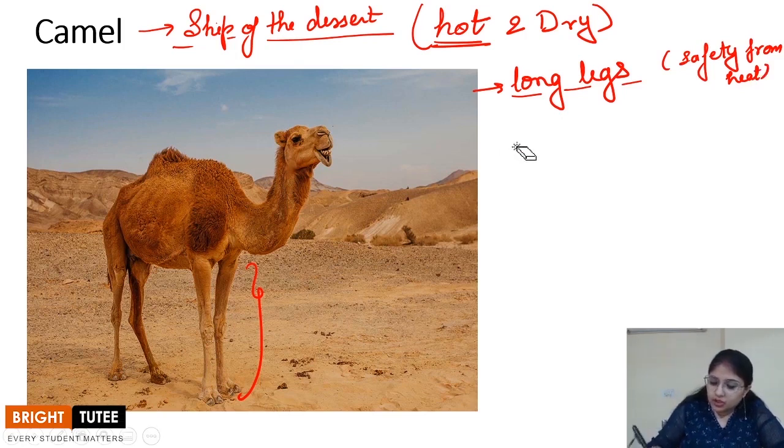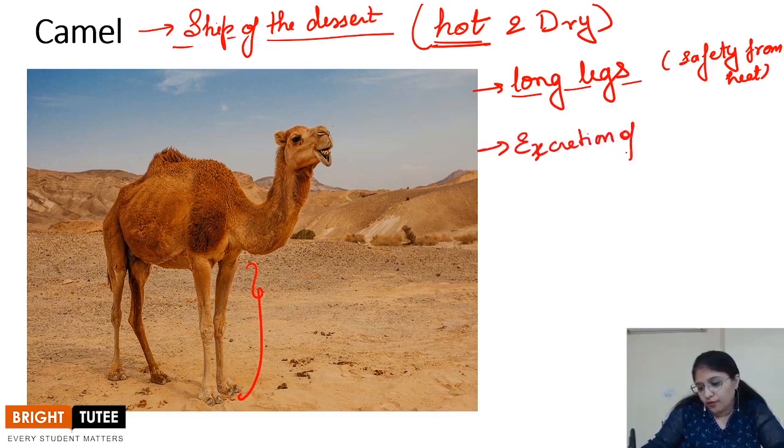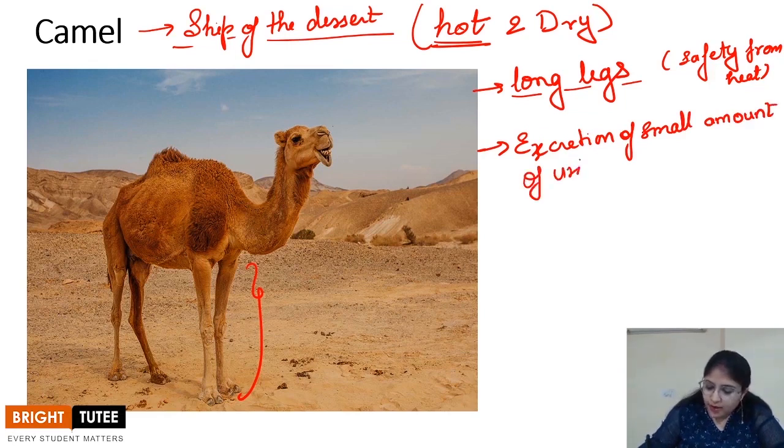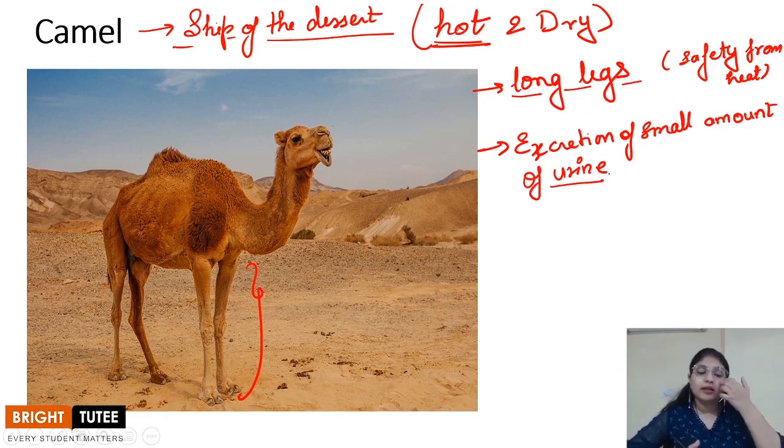The other adaptation is excretion of a small amount of urine, right? So very little urine is passed. Urine is mostly made up of water.